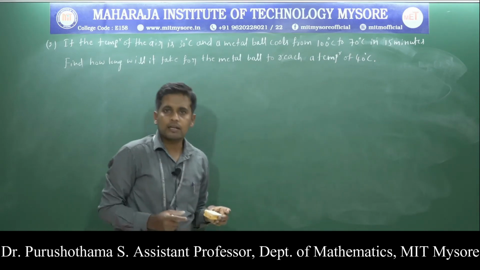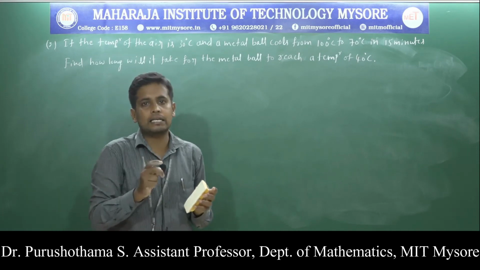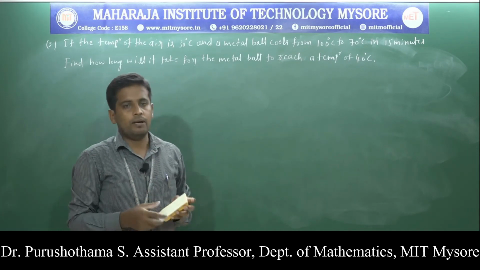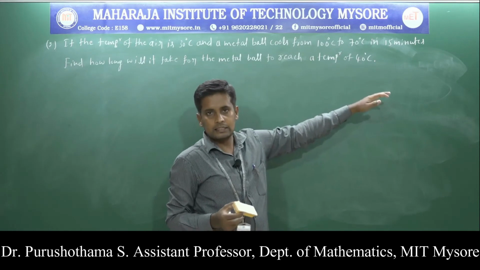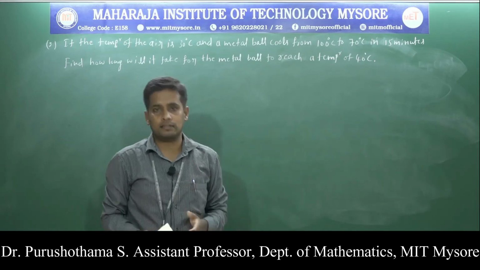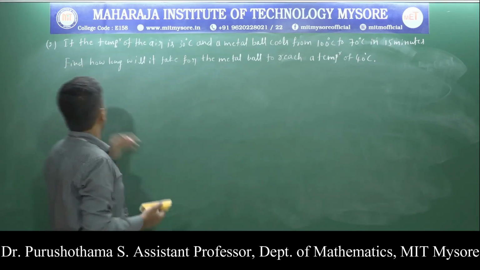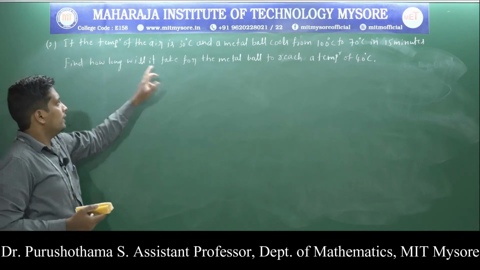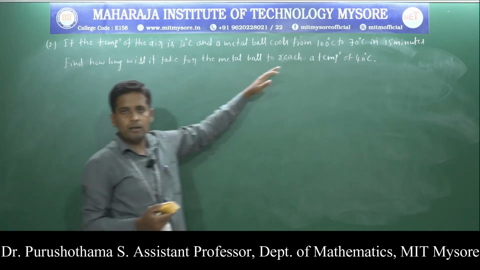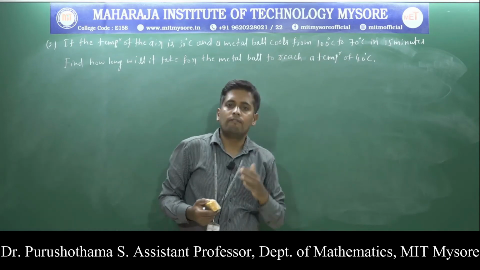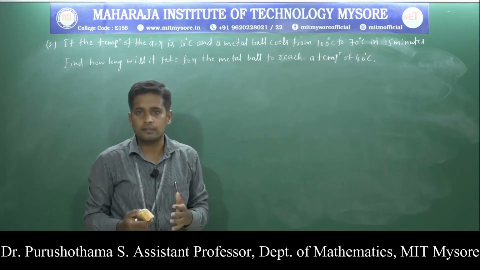Initially, the temperature of the metal ball is 100 degrees Celsius. It cools from 100 to 70 degrees Celsius and takes 15 minutes. Then find how long it will take for the metal ball to reach a temperature of 40 degrees Celsius. This is the second question.